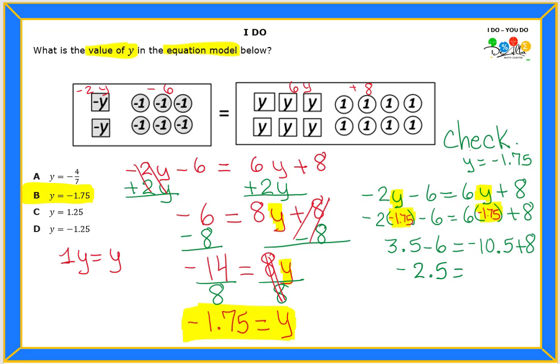So on my left side, I get a -2.5. Let's see the right side. -10.5 plus 8. Guess what? I get a -2.5. So what does it mean when I get the same number on both sides? That means that the value that I found for y is correct. Okay, so this is what checking is gonna help you do.